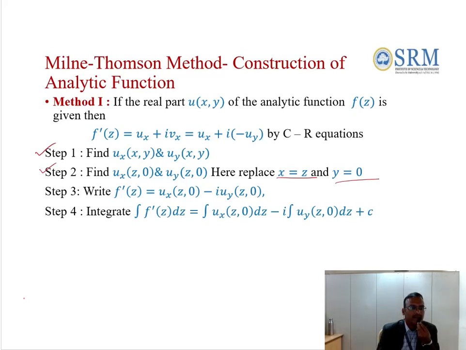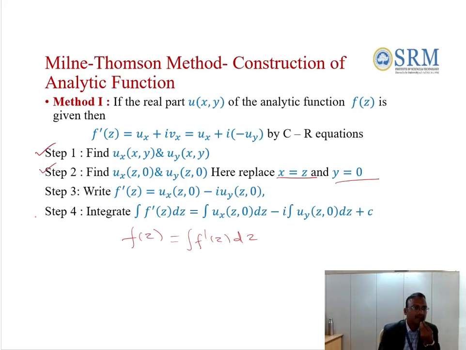Then step number 3, plug in the functions ux and uy, that is f'(z) = ux(z,0) − i uy(z,0). But we want the analytic function f(z), and f'(z) is given. Therefore, if you integrate f'(z) with respect to z, we will get back the function f(z).